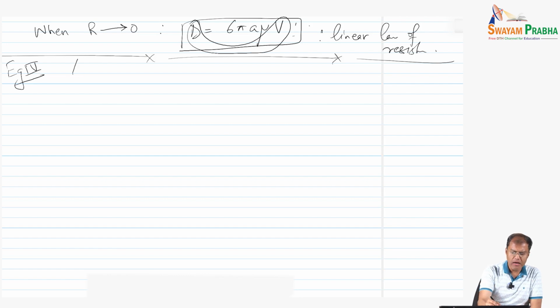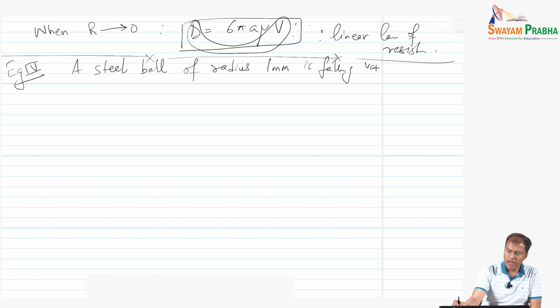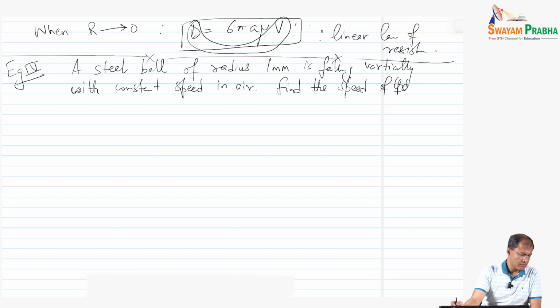Here we have a steel ball of radius 1 mm which is falling vertically with constant speed in air. We have to find the speed of the ball.